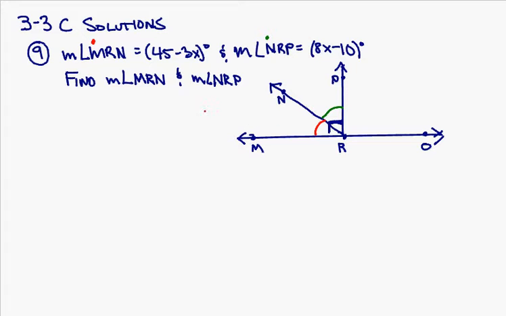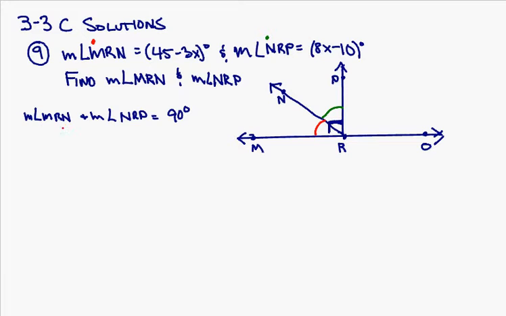Okay, we know that the measure of those two angles together are equal to 90 degrees because they're complementary angles, looking at the illustration. So we simply go like this. We say that the measure of angle MRN plus the measure of angle NRP are equal to 90 degrees.